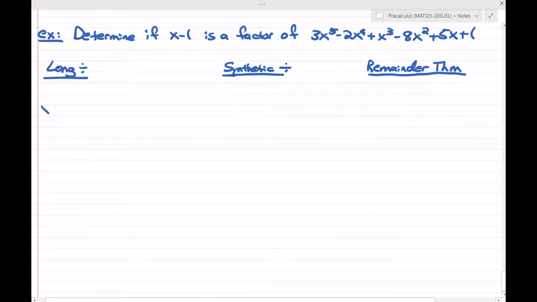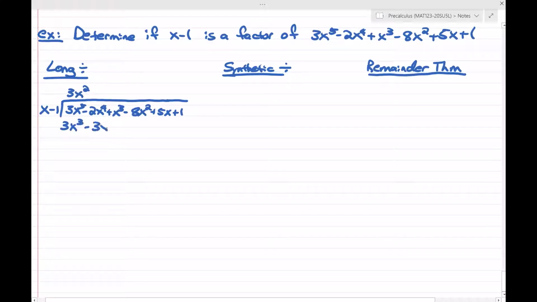So we'll do long division. x minus 1 divided into 3x to the fifth. Remember, if we're missing a term, we have to put 0 for that. I need to multiply by x to the fourth.